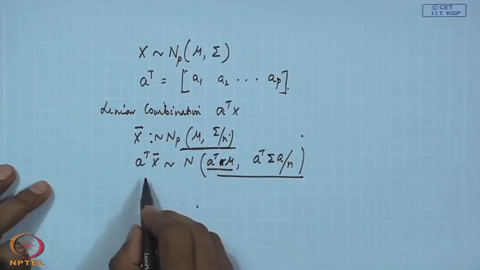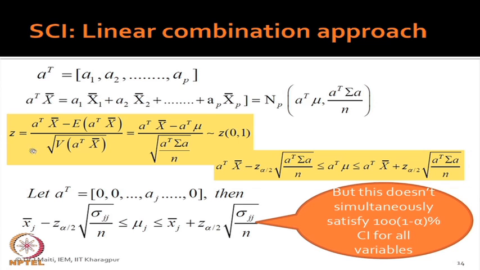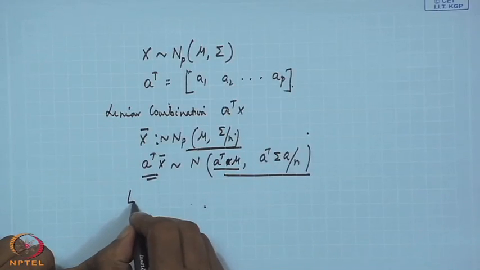Now, if you know this one, can you not create this statistic here? You see the statistic we are writing here. Z is the random variable minus the expected value of this random variable, divided by the square root of the variance. I think you have all seen this earlier when you developed Z. So, A transpose X bar minus A transpose mu, because the expected value of A transpose X bar is A transpose mu.